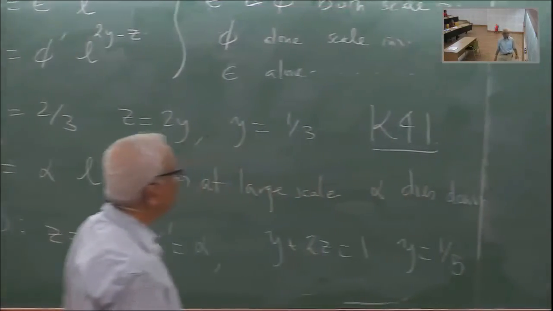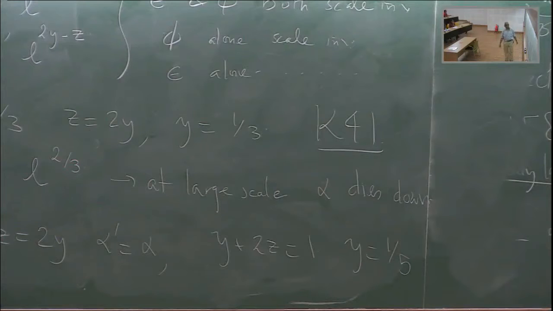Y equal to 1 by 3 with z equal to 2 by 3 gives the scaling dimension of the velocity field the same 1/3 as we got in the Kolmogorov scale, and therefore the energy spectrum goes like k to the power minus 5 by 3.